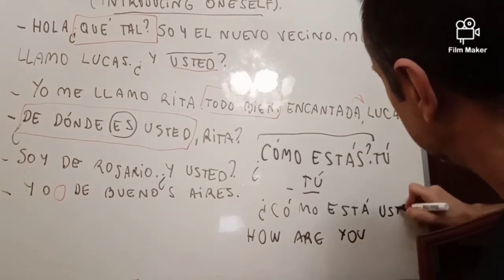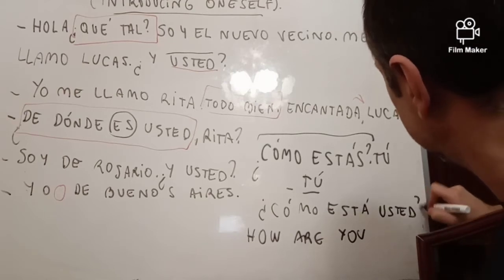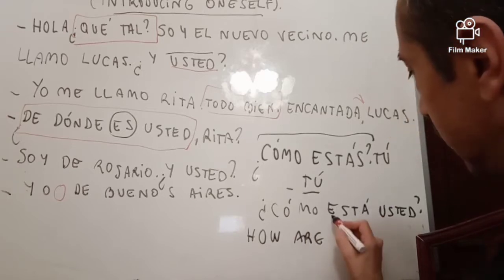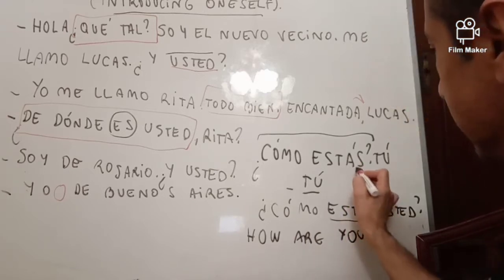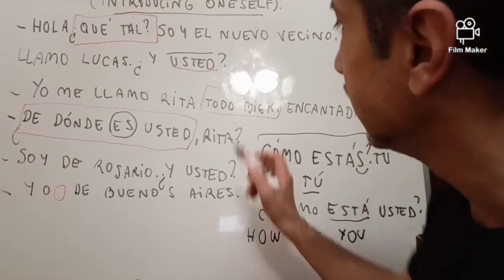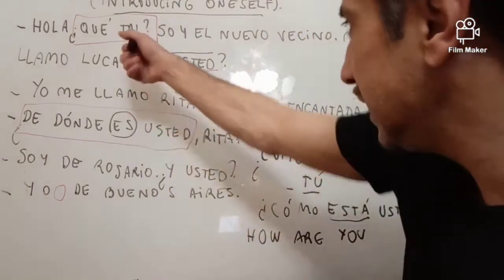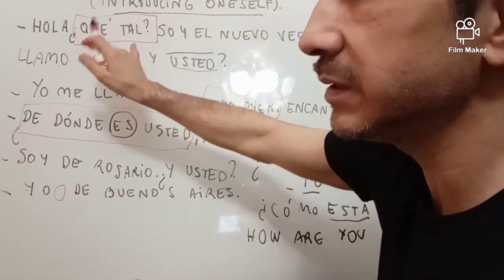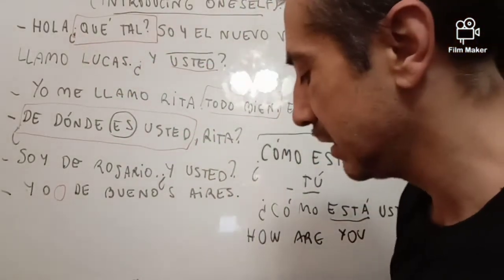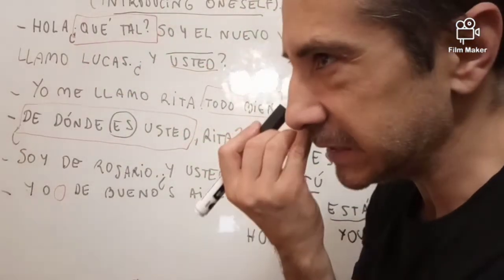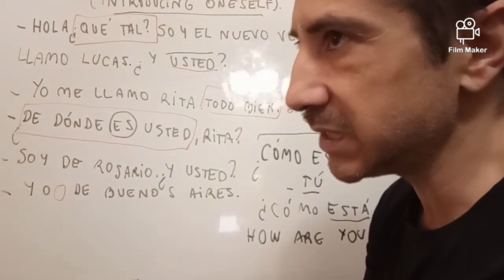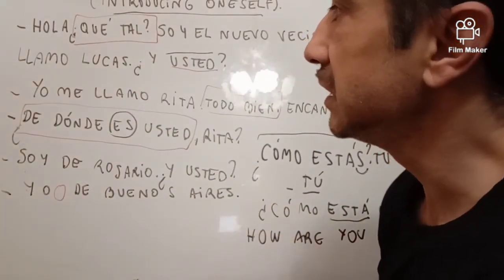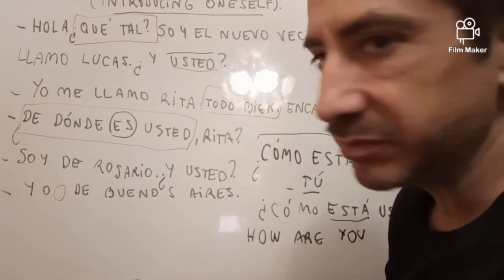Do you remember that when we saw the whole conjugation of the verb estar in the question ¿Cómo estás? For usted, we do this, está, and not estás. So, ¿qué tal is the same as saying how are you, but it doesn't have any verb. We cannot translate it into English in a literal way. Just learn it like this. ¿Qué tal means how are you?